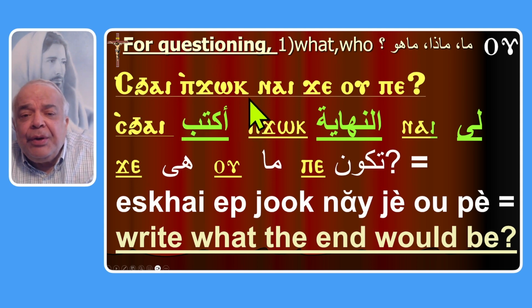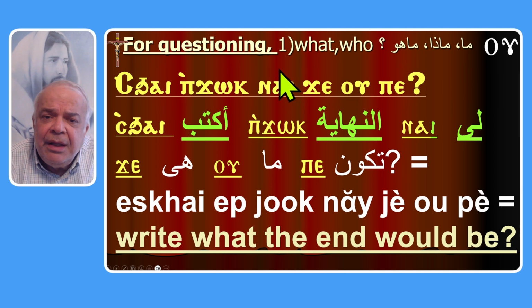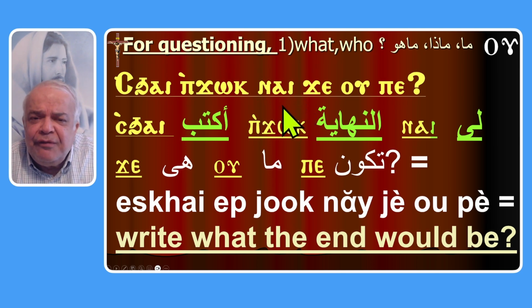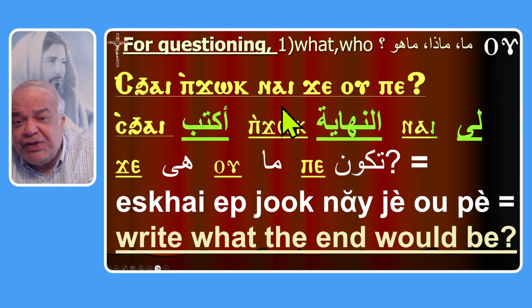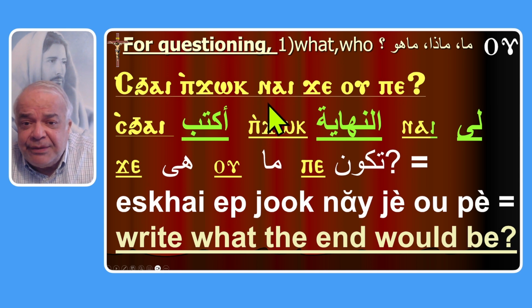Eschai eb gok, write the end. Nai, here nai has a different meaning. I told you before that nei alpha iota is a verb that means mercy or give mercy. And it can be a noun which means mercy, again. And it can be singular or plural, meaning mercy or mercies. But here nai is different. Nei alpha is the article of future, or it can be an article of demonstration.